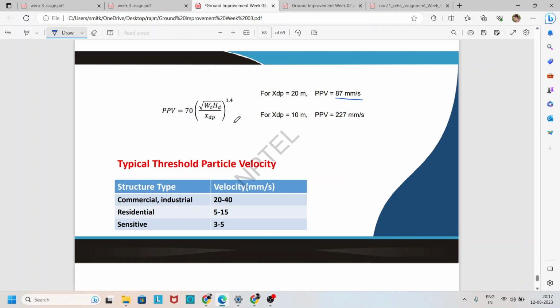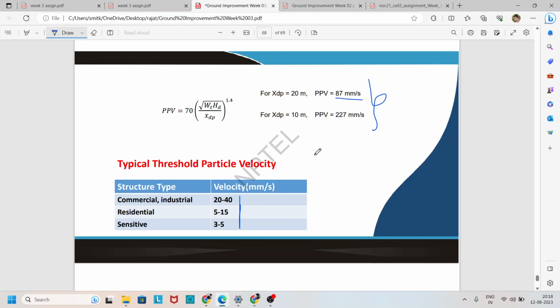And for 10 meter it is 227 millimeters per second. Both values exceed the given table values, which are 22 and 40 for commercial and 5 to 15 for residential.